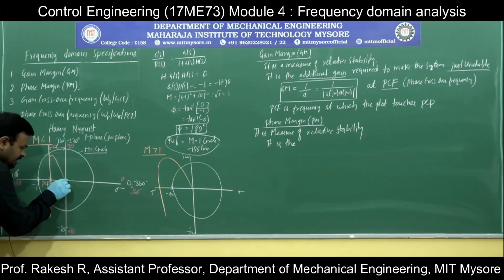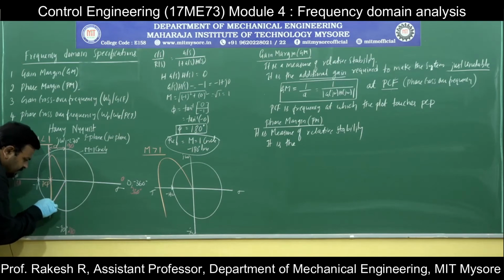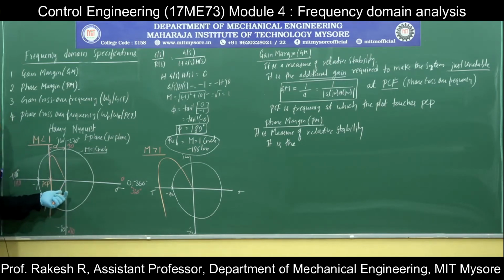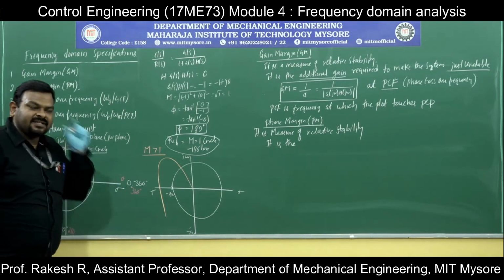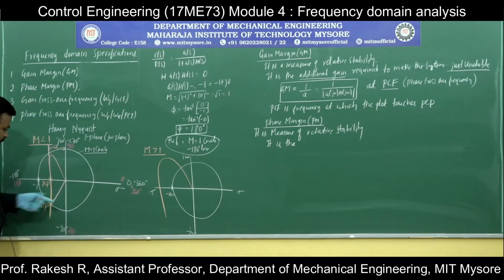What is the reference? I will join the origin with the gain crossover point so that I will get a line, that is for reference.